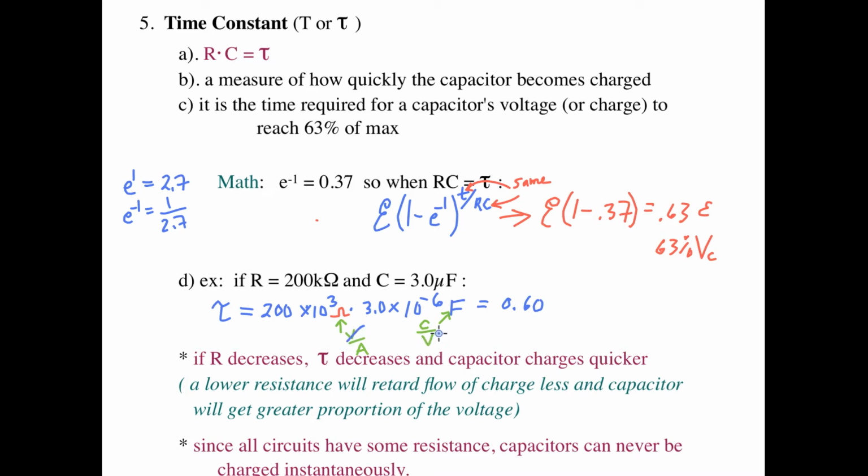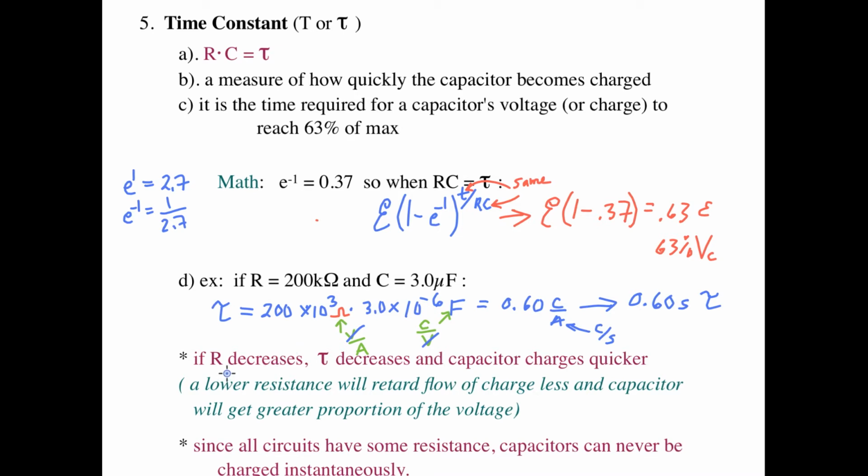The volts go away, and we're left with coulombs per amp. And you go, what are coulombs per amp? Well, an amp is a coulomb per second, so in the end we do get time. We get 0.6 seconds. So there's an example of our time constant.